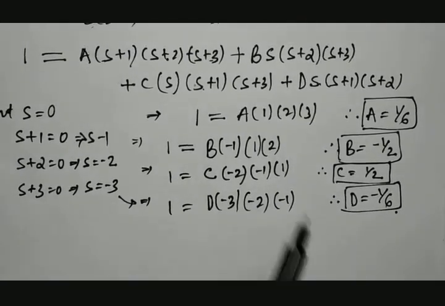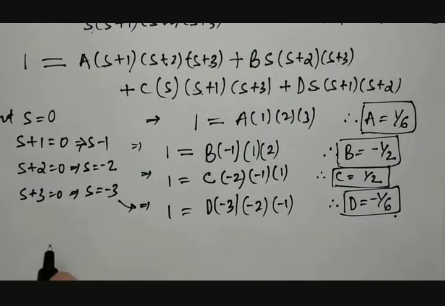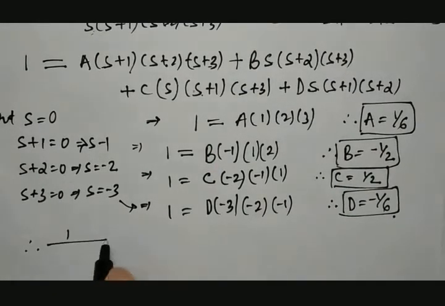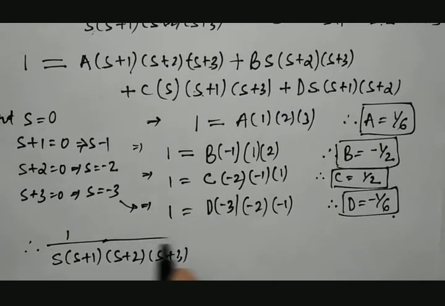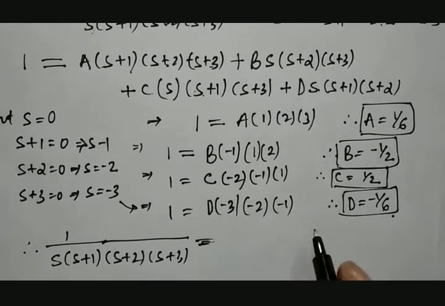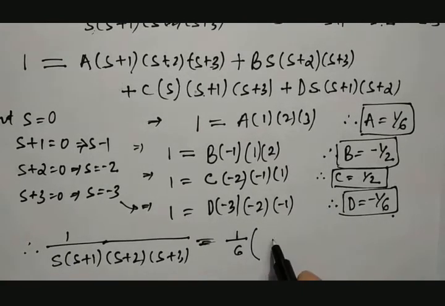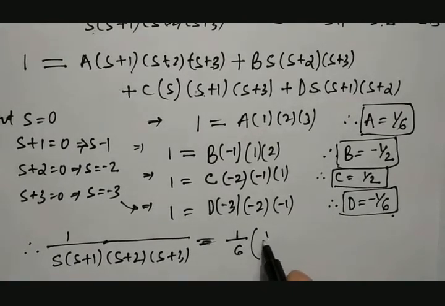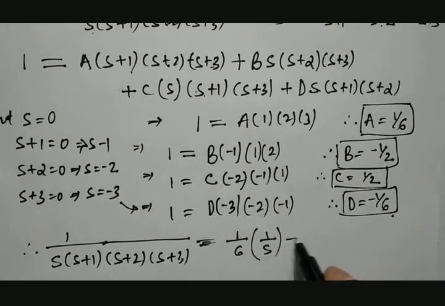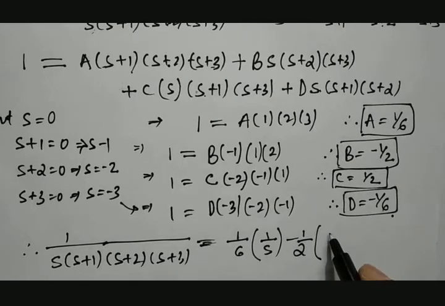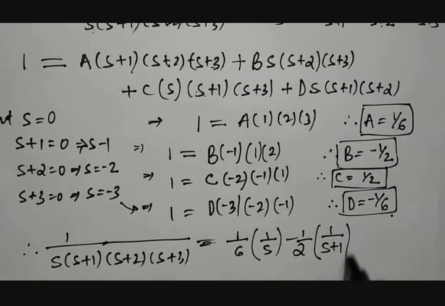Okay, therefore the given equation becomes: 1 divided by s into (s plus 1) into (s plus 2) into (s plus 3) is equal to A, A is 1 by 6, so it is 1 by 6 into 1 by s, plus B is minus 1 by 2, so minus 1 by 2 into 1 divided by (s plus 1).